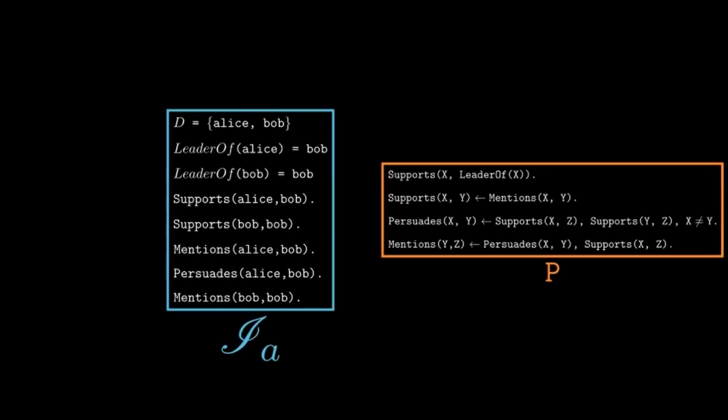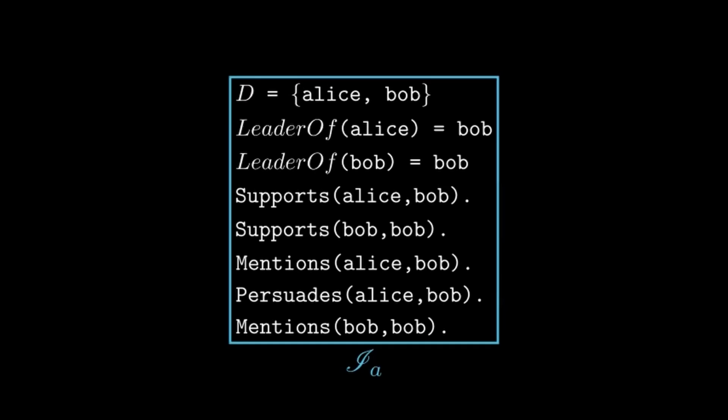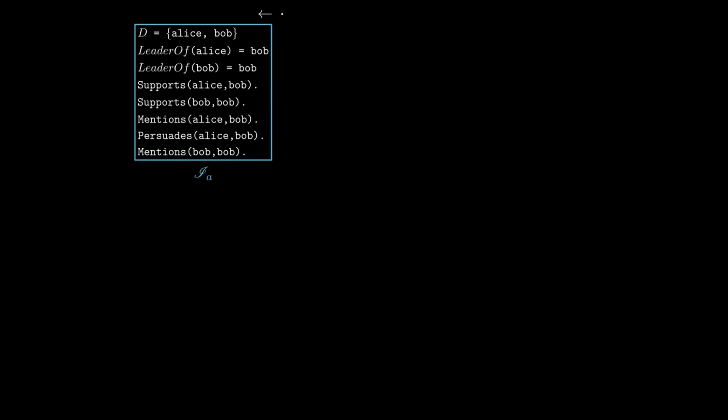A model is an interpretation which satisfies the program. This is represented by the turnstile symbol. Let's illustrate this with Alice's interpretation and our example program from earlier. As we saw, Alice defines her domain to consist of herself and Bob. For an interpretation to be a model, we must ensure that all the facts contained in it, along with the chosen assignment of domain and function symbols, are closed under the application of rules.